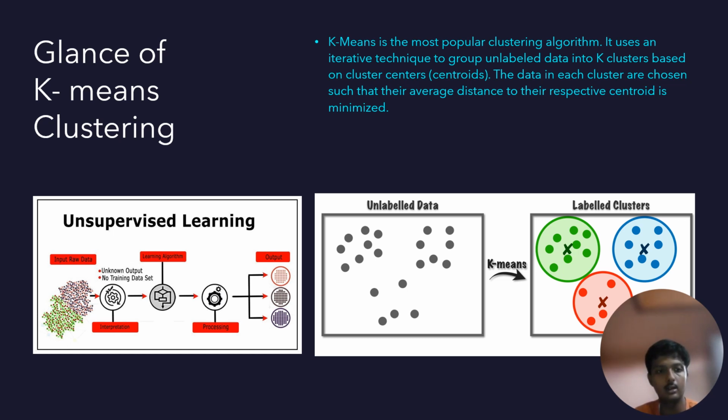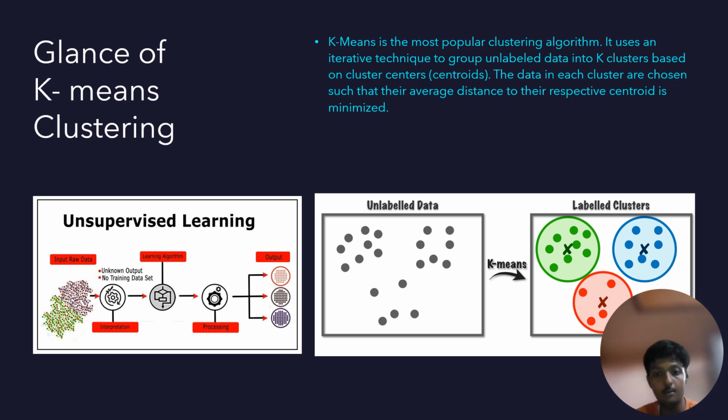Let's look at the diagram. On the left side is unsupervised learning. We input raw data and see how many clusters there are. We can find the actual form of the data, so we use the concept of interpretation.